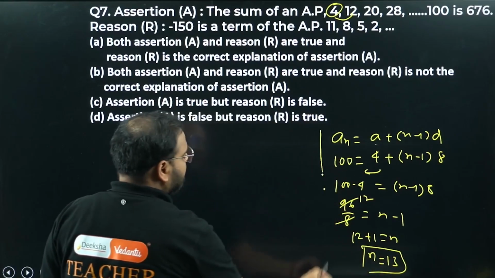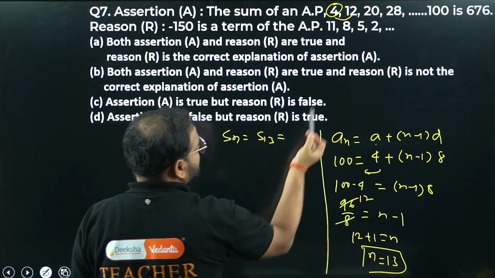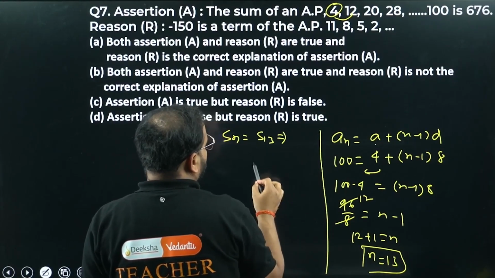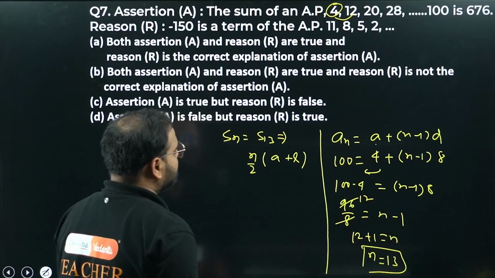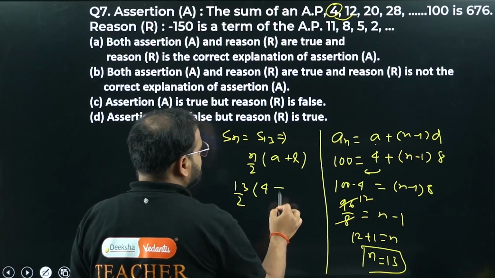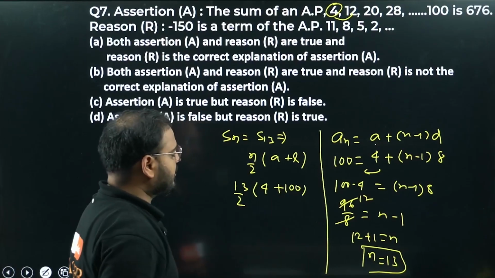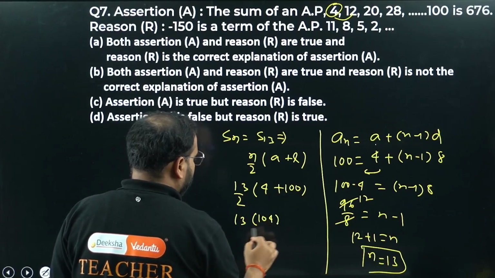So the sum of the 13 terms, S13, should be coming as 676. Let's check. Sn equals n upon 2 times the first term plus the last term. n is 13, first term is 4, last is 100. So 13 into 104 by 2.